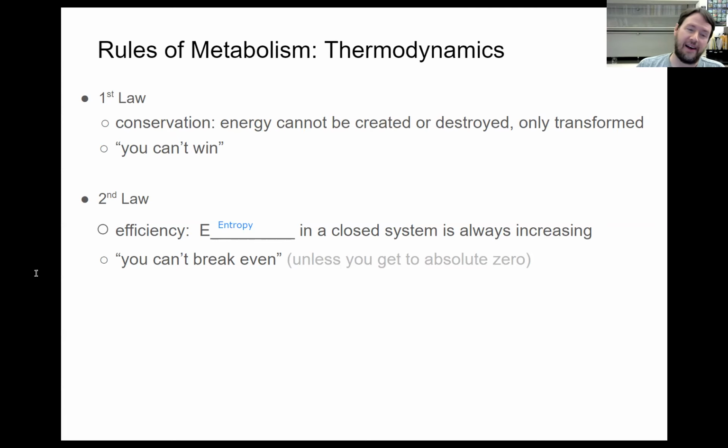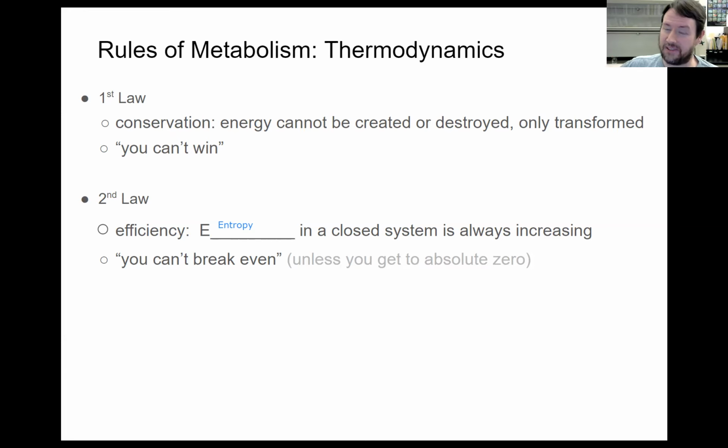There's maybe a little loophole in this statement. If you could get to absolute zero, you could possibly build a perfectly efficient heat engine. Because the problem with heat is you always have to find some place to dump it when you use that as your source of energy.